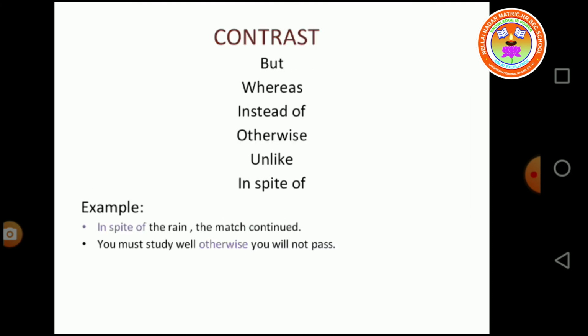Next, contrast. But, whereas, instead of, otherwise, unlike, in spite of. Example, in spite of the rain, the match continued. You must study well, otherwise, you will not pass.